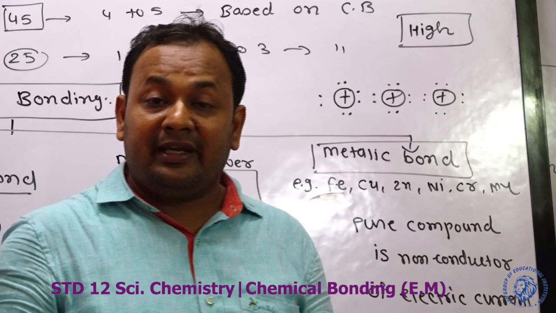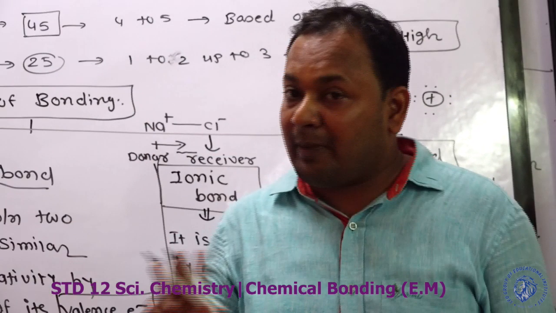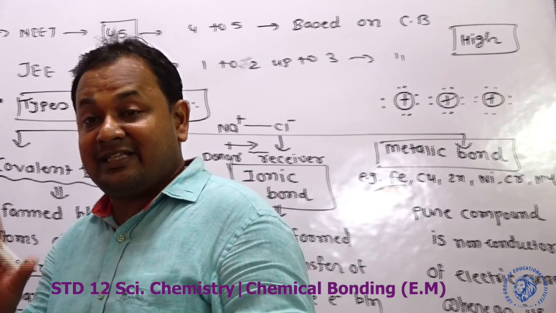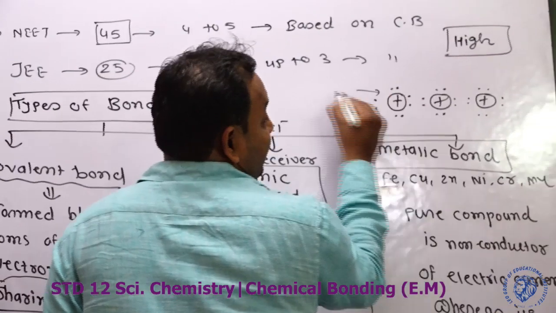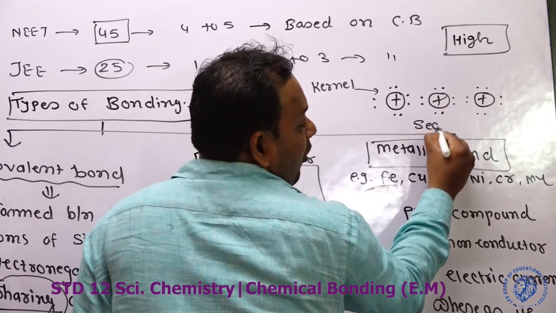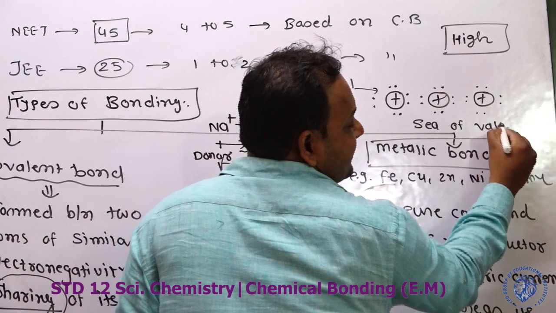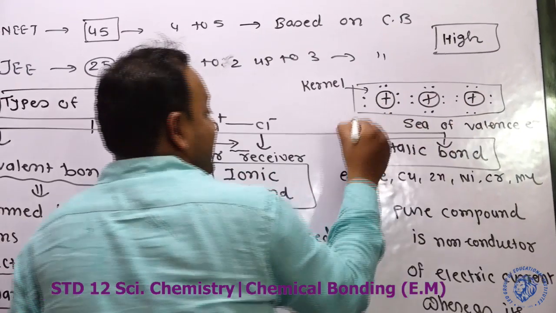The bond here is neither by transfer nor by sharing of valence electrons, but by natural force of attraction between the positively charged kernel and the sea of valence electrons, due to which it gets surrounded.